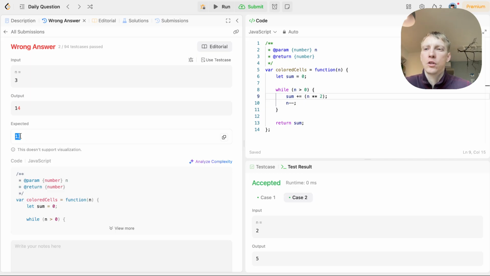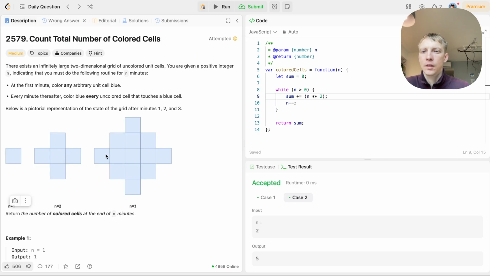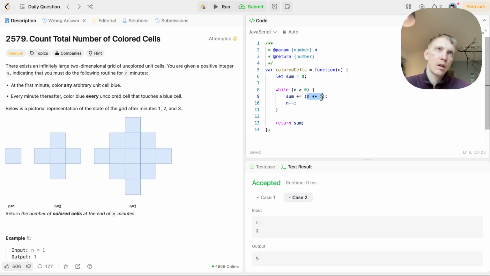Wow, this is kind of strange. Yeah. The logic is wrong because it's not 9, it's 8. So it's not just the square of the number. The problem is here. We should not take the number to the power of 2.